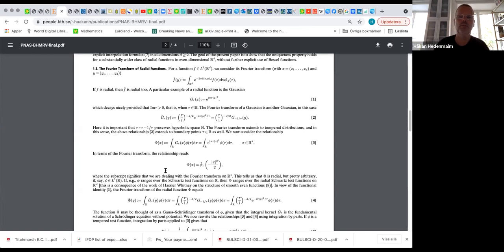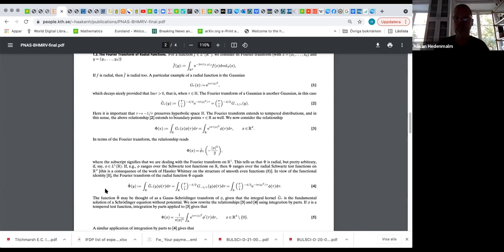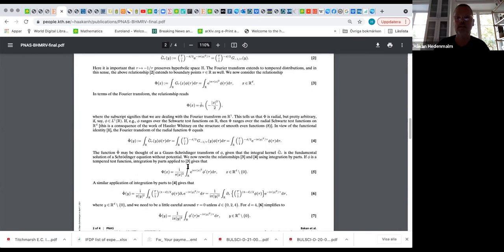This is a well-known thing, and you have such a formula. So taking the Fourier transform of waves where you have added lots of Gaussians, you can calculate the Fourier transform too, and it's again an integral of Gaussians.